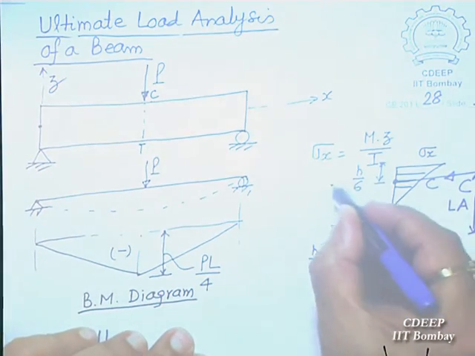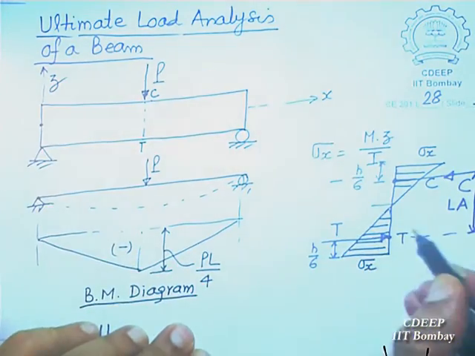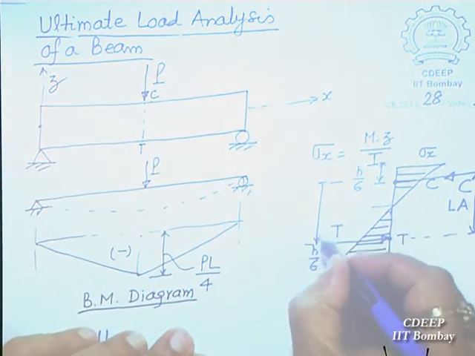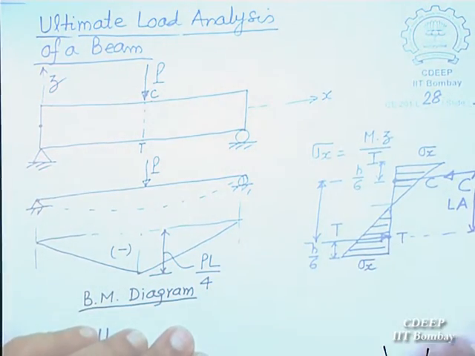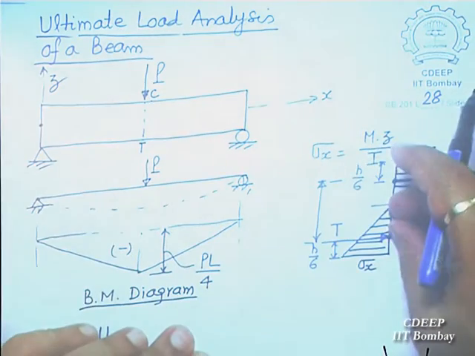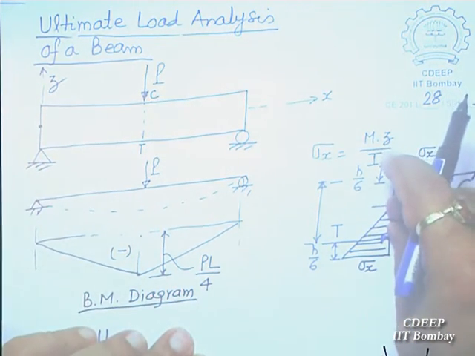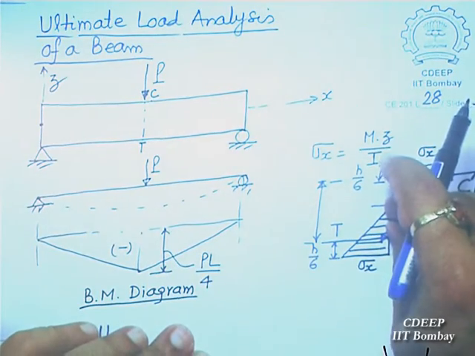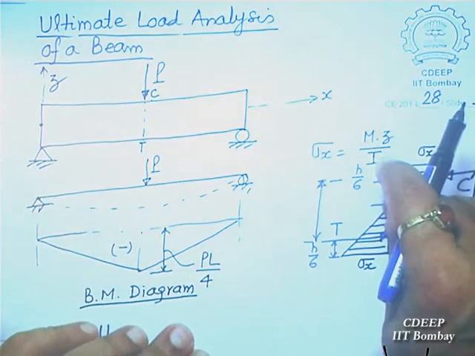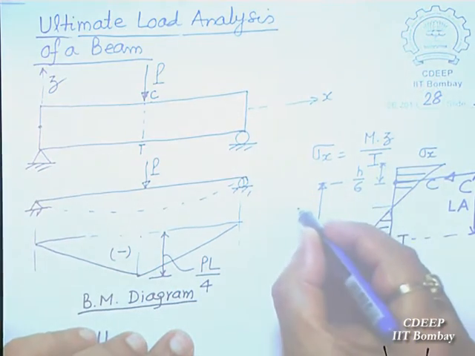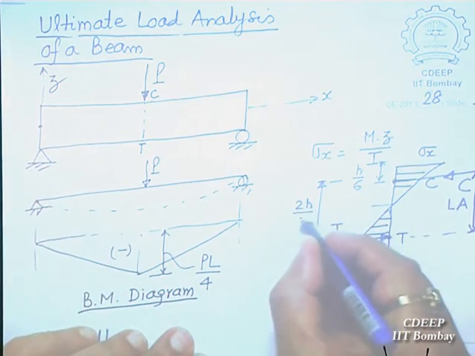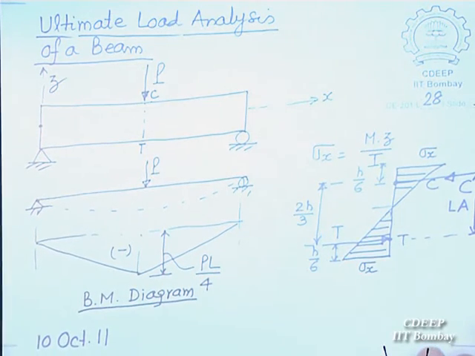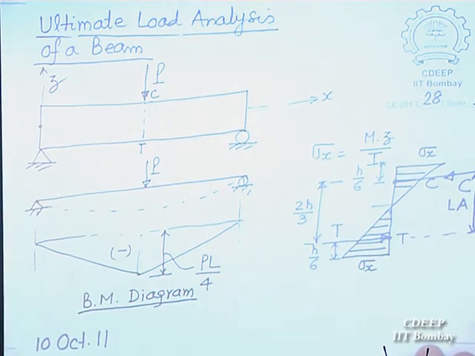What is this distance then, from here to here? 2 by 3 h, sure. 4 by 6. So the lever arm is 2h by 3.